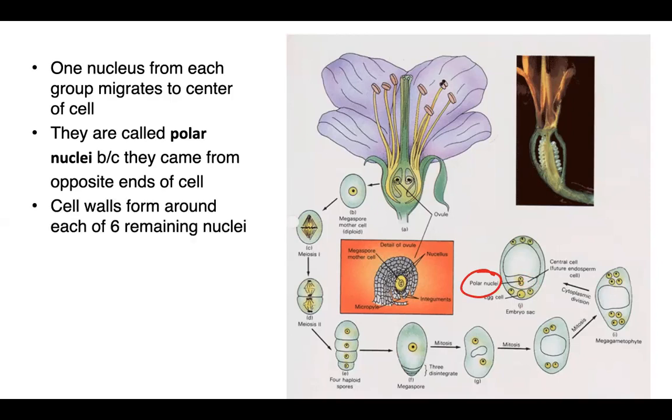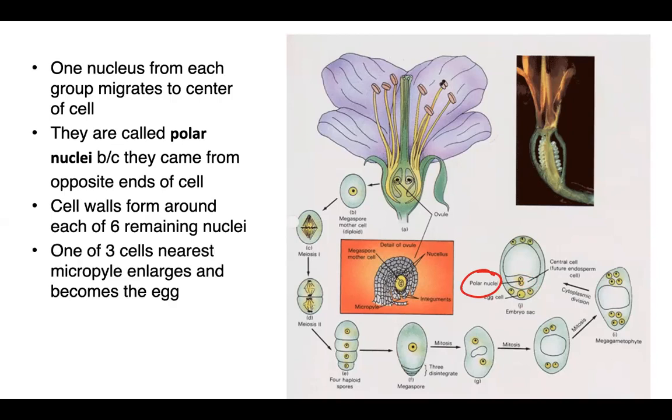And a cell wall forms around each of the 6 remaining nuclei. One of the 3 cells nearest to the micropyle will enlarge and become the egg. So between the 2 groups of 3 left at the end, whichever group is closest to the micropyle, and whichever one of those 3 cells is closest to the micropyle, that becomes the egg.